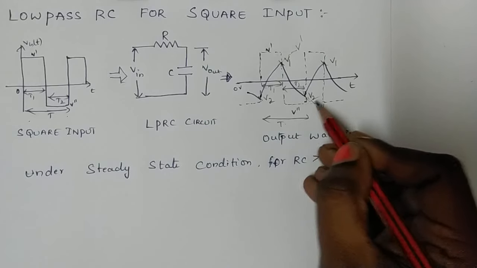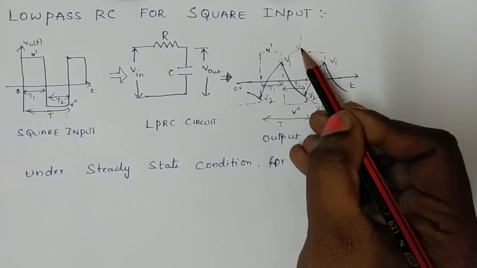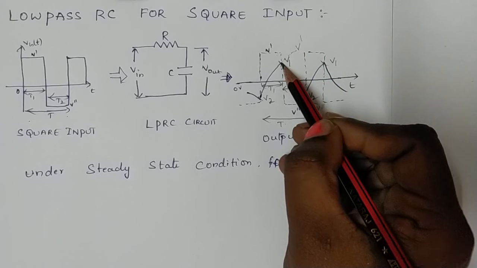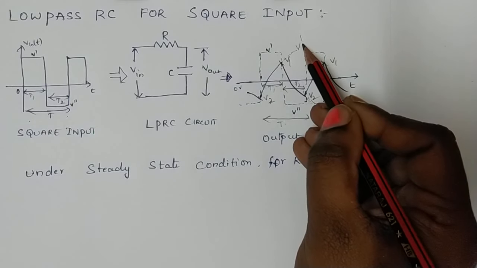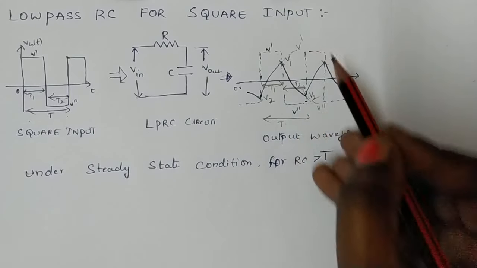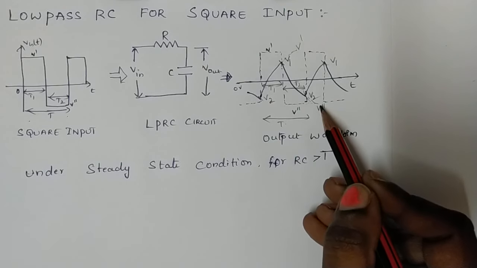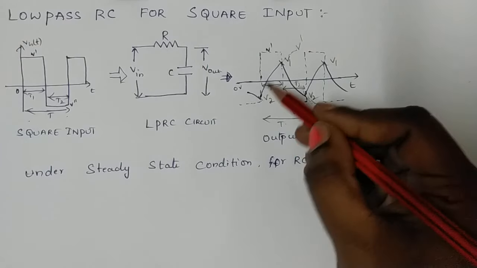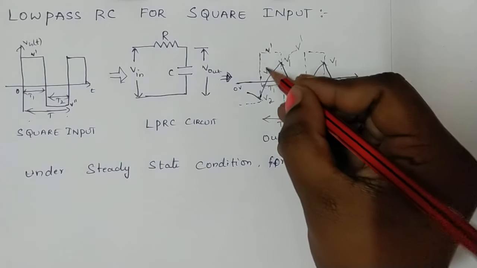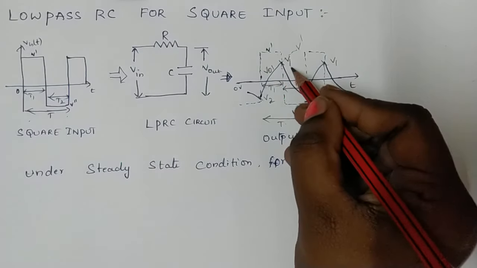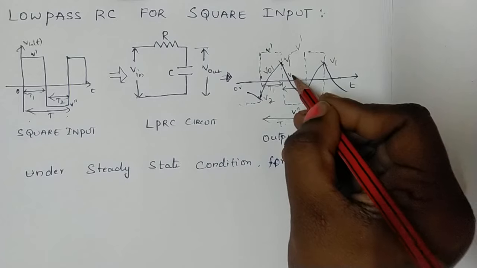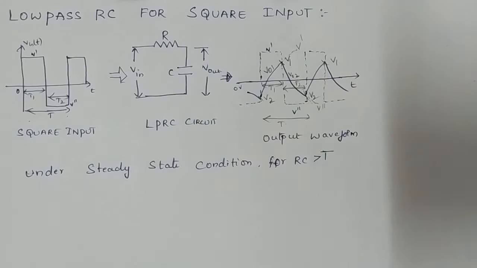Up to V dash it has to charge, but only up to V1 is it charging. This is the final value it has to reach, and this is the final value it has to reach on the negative side. I am representing this charging waveform as V01 and this discharging waveform as V02. You understand the important points I discussed?